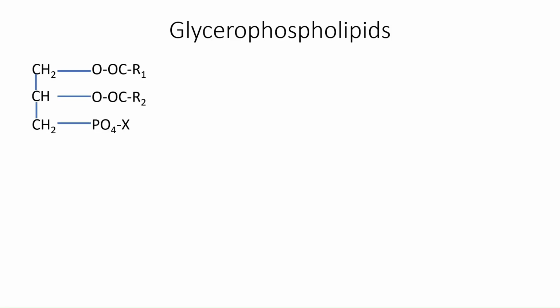glycerophospholipids. In glycerophospholipids, one of the fatty acids is replaced with a phosphate linked charged polar group. Here, R1, the first alkyl chain, is either 16 or 18 carbons in length, and the second alkyl chain is generally 18 to 20 carbons in length, and X is the polar group.